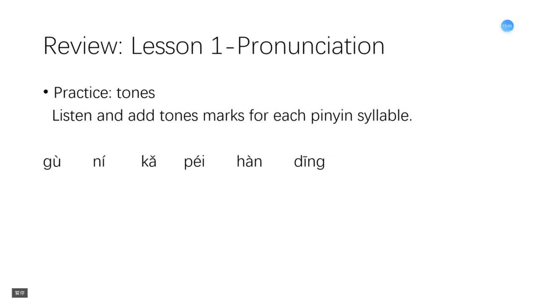It's very high and flat, so it's kind of level. The beginning point and ending point are on the same level. So it's very high and flat. Ding, ding. Okay, so this is the practice. For lesson 1, it's about the pronunciation. Okay, let's stop for a second and then we'll continue.